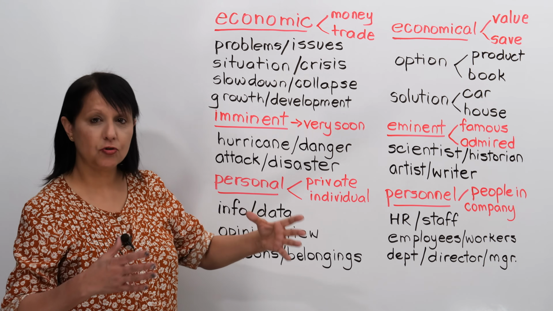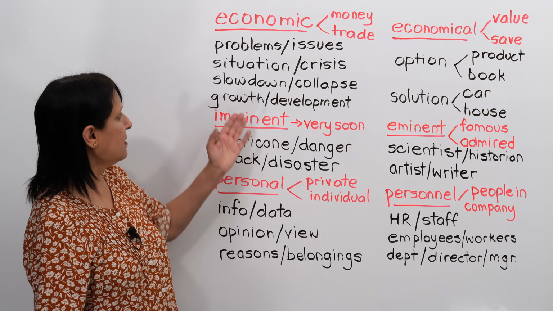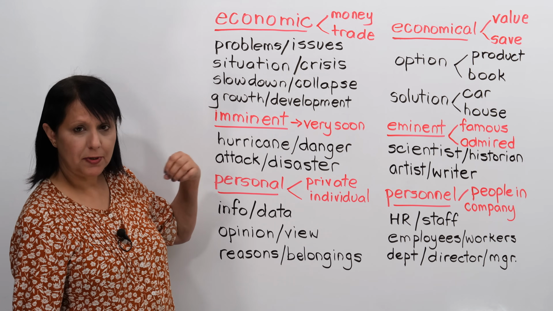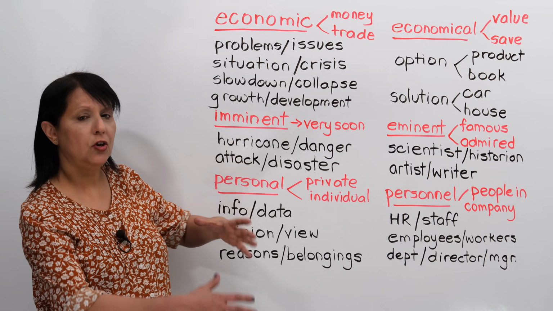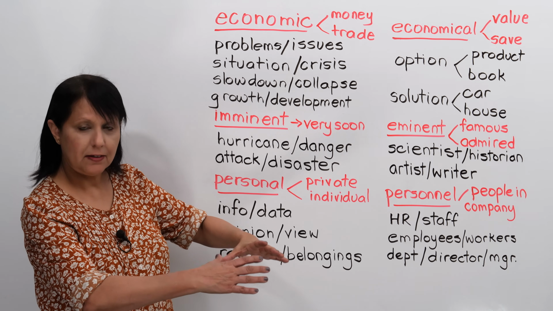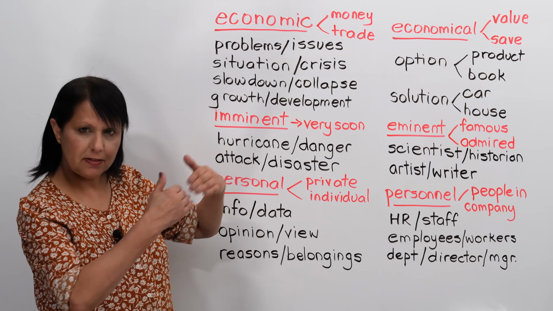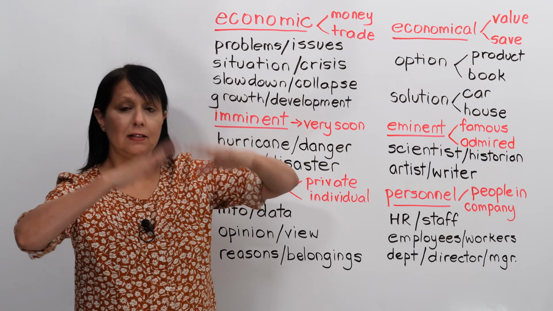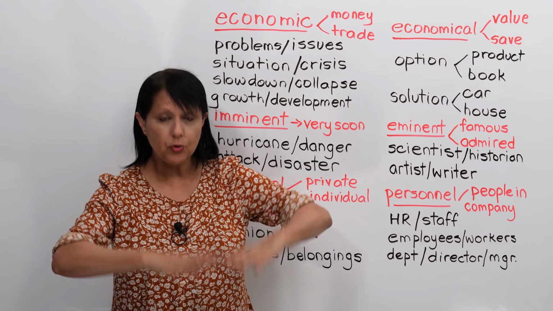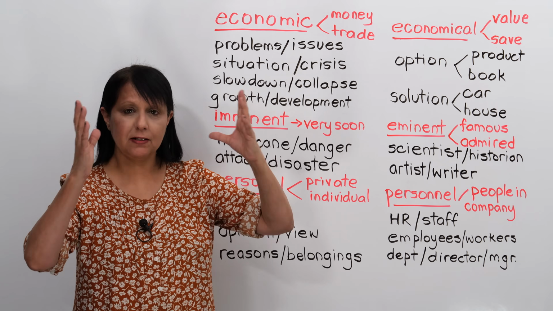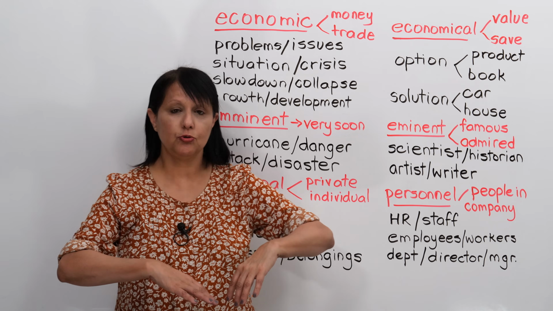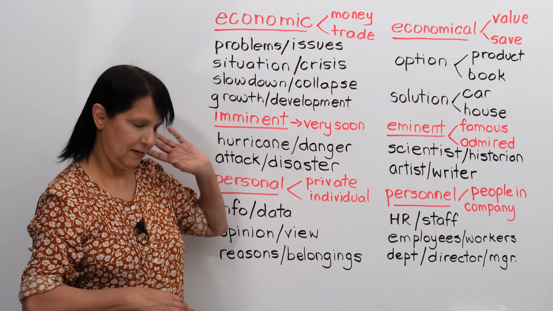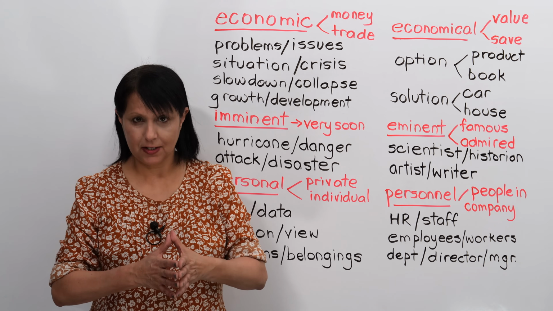There's an economic crisis. You might also hear people referring to an economic slowdown. That's when the economy slows down, okay? Or an economic collapse, when it totally falls. Okay, when something collapses, it falls. It's usually, in this case, a very negative thing to happen.